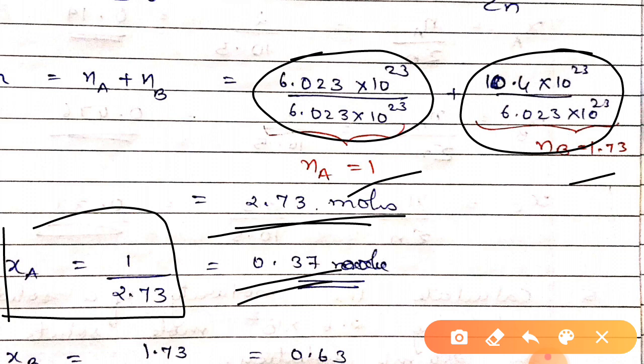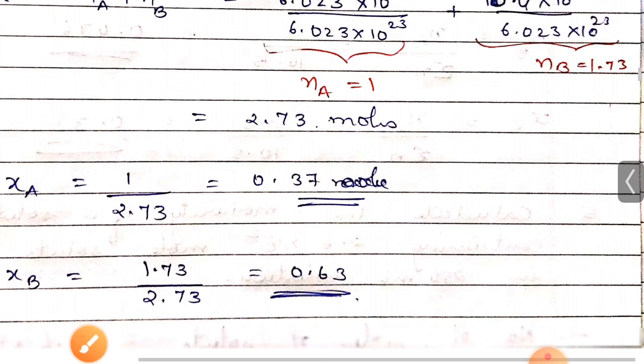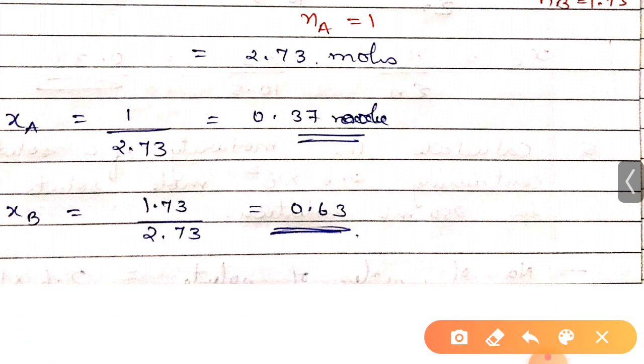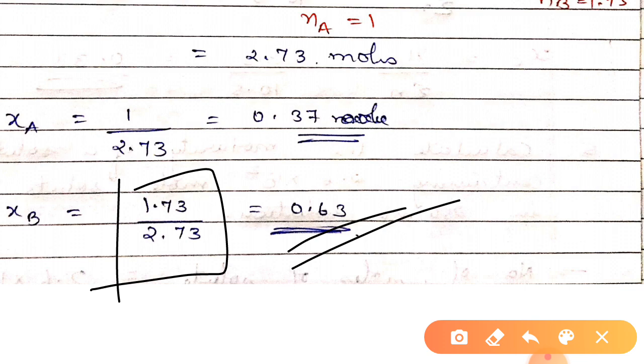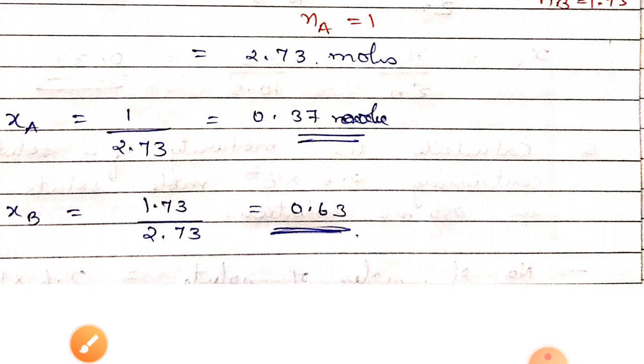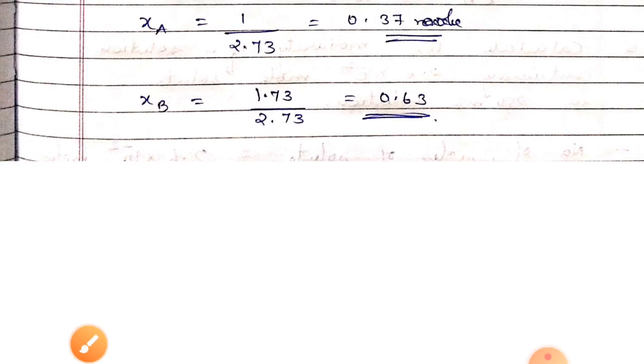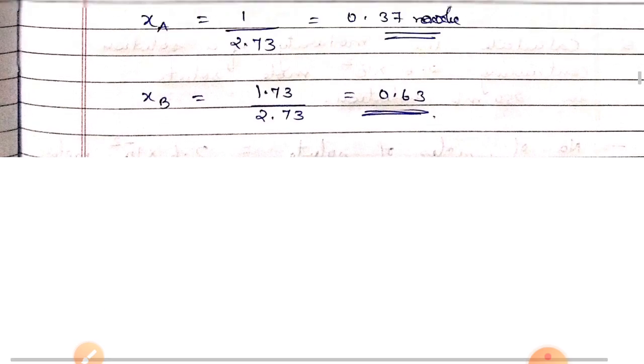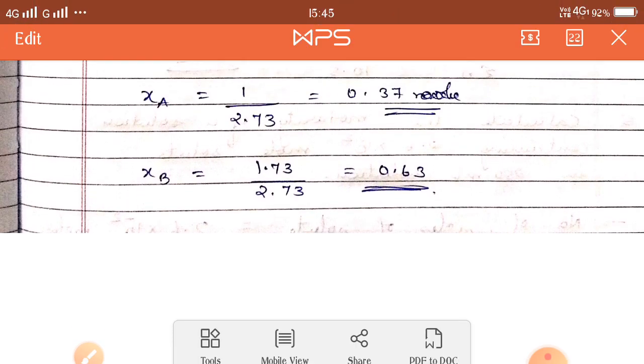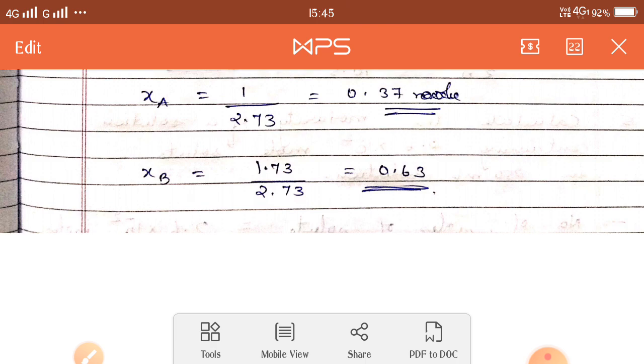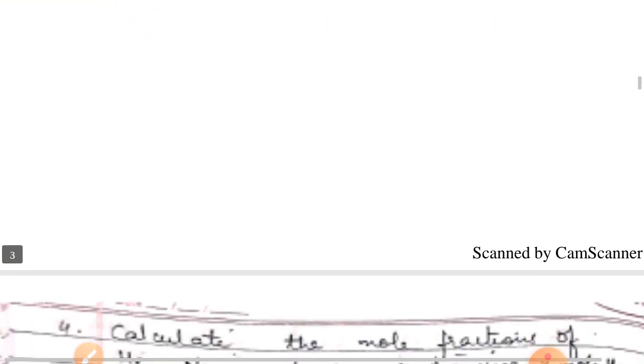And XB is equal to 1.73 divided by 2.73, that is 0.63. So this is a way to find the number of moles and mole fraction. Mole fraction is 1 by 2.73 and 1.73 upon 2.73, that is the mole fraction of A and B respectively.